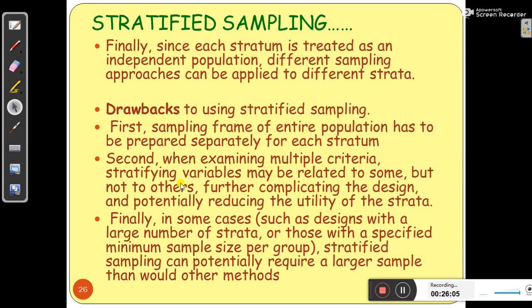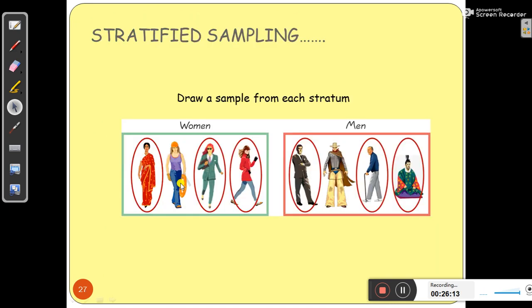So in the case of stratified sampling, we need a larger number of samples, otherwise it will not be fruitful. Here you can see we draw a sample from each stratum. The two strata here are women and men, and we can deploy different sampling techniques in the two strata.